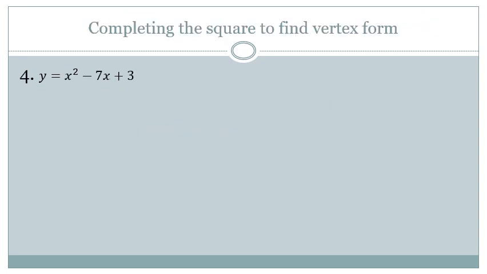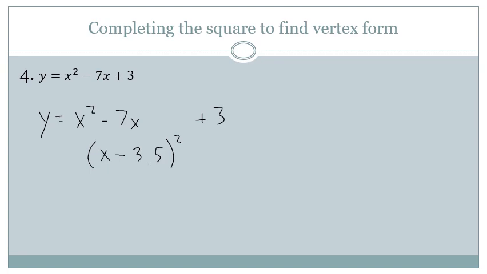Let's try the next one. All right. So this one doesn't have anything out front that we need to worry about. So let's just isolate the first two. Okay. So it starts with x squared minus. So you also need a minus. If we divide 7.5, let's do this one with decimals. Decimals can be easier with this. So I get 3.5. 7 divided in half is 3.5.